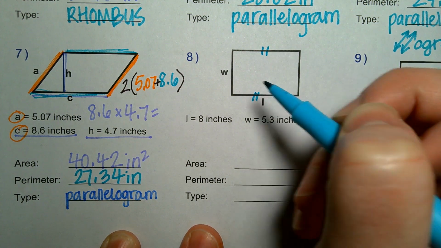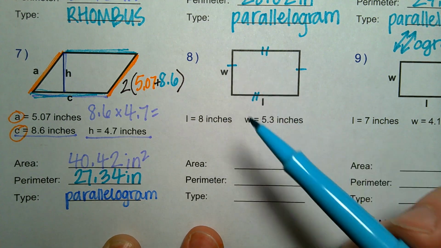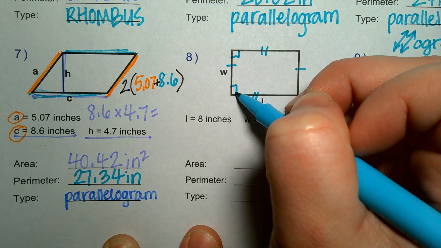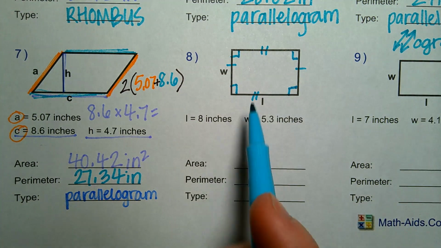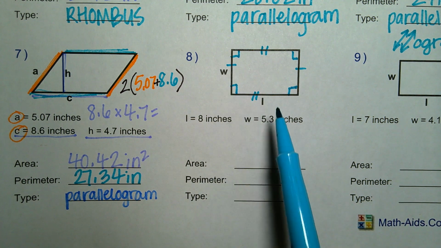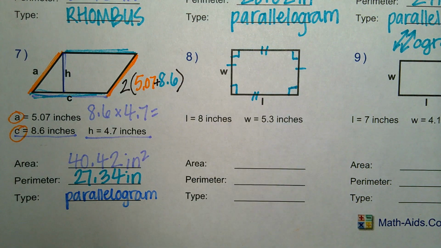Could mark it like this if we were asked to. My opposite sides are congruent. And we also know it's a rectangle because of these angles. It doesn't tell us they're 90 degrees, but we can assume here since there's no height given. So we've got W and L. That stands for length and width.